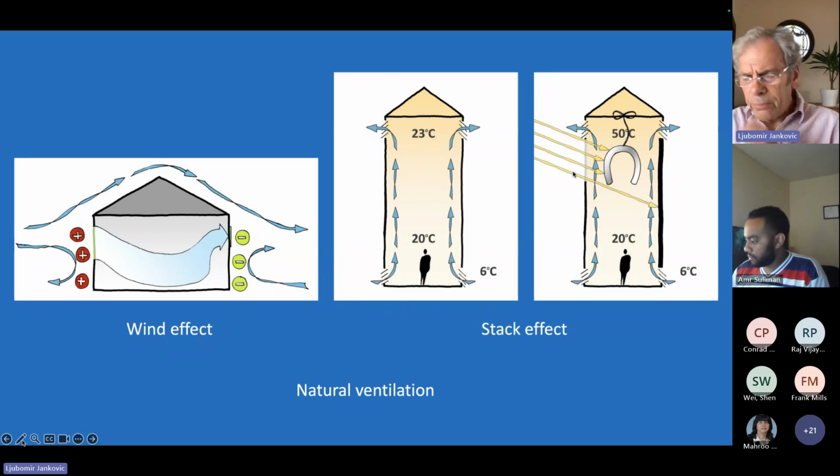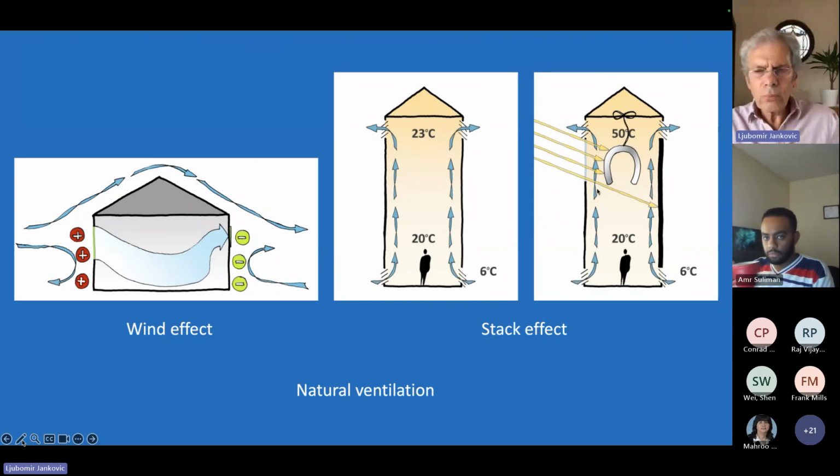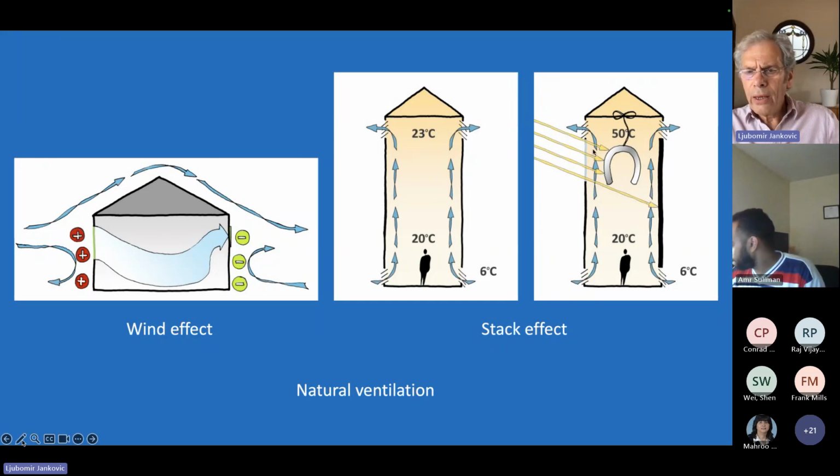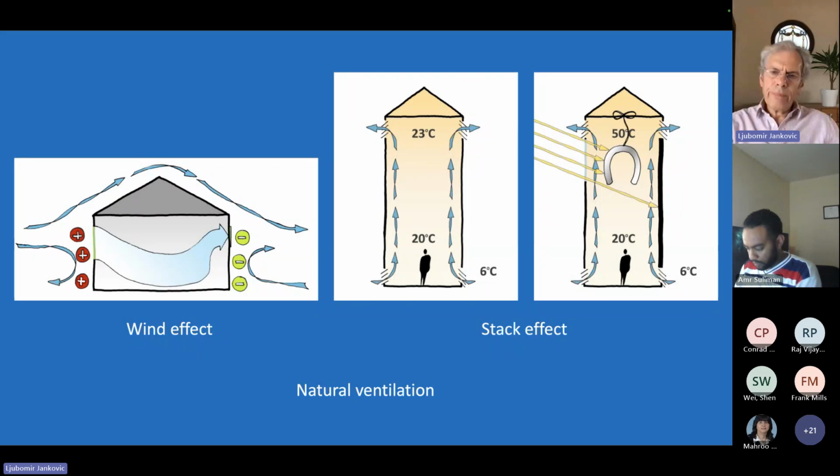And if we exaggerate this situation with a high density wall in the back and a glazed surface here in the south, and perhaps an additional heavy high density material suspended from the ceiling, then the intensity of stack effect will be stronger.